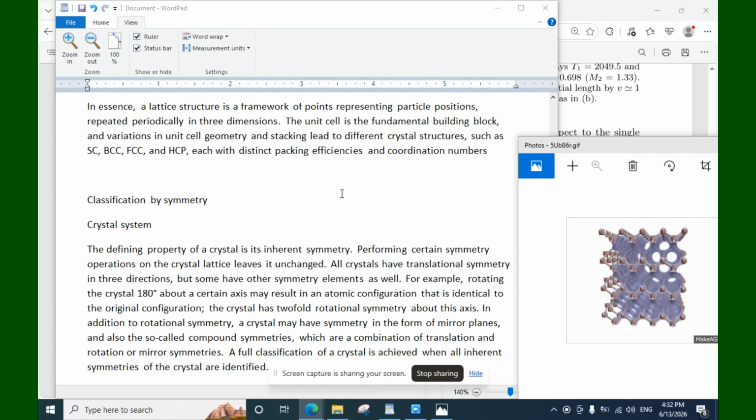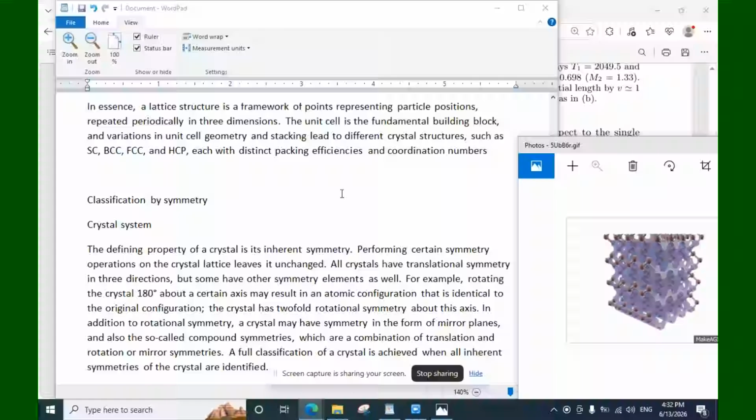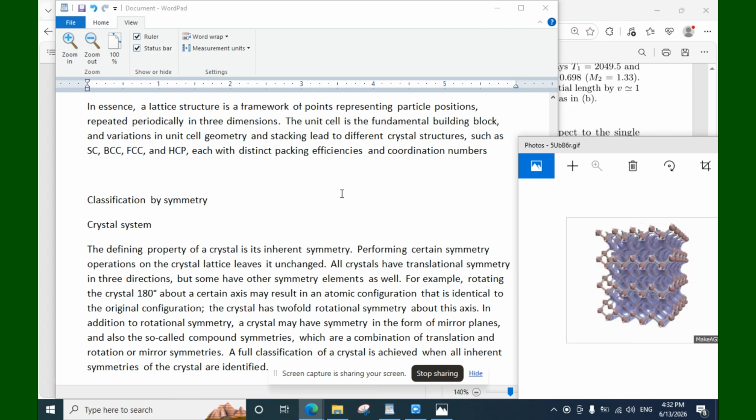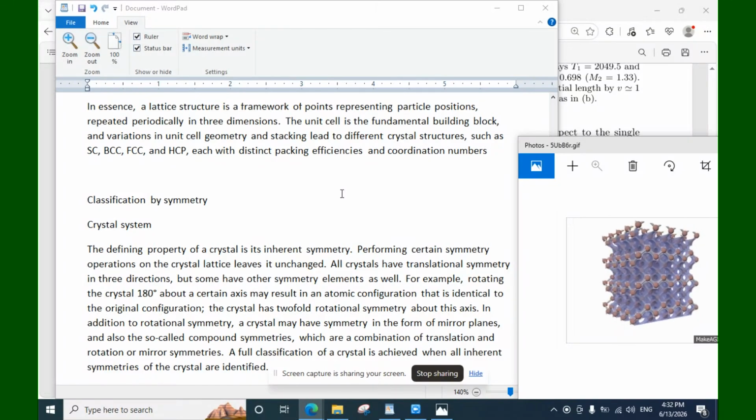Classification by crystal systems. The defining property of a crystal is its inherent symmetry. Performing certain symmetry operations on the crystal lattice leaves it unchanged. All crystals have translational symmetry in three directions, but some have other symmetry elements as well.